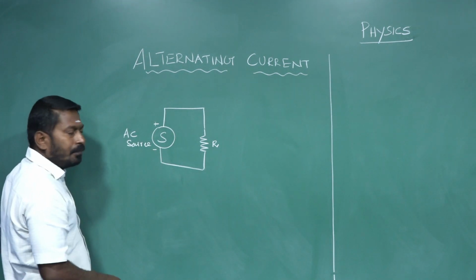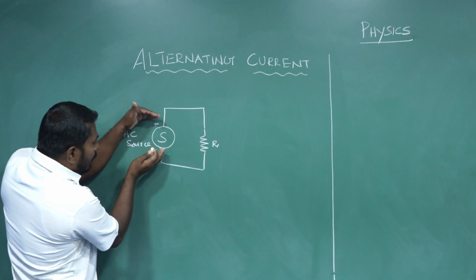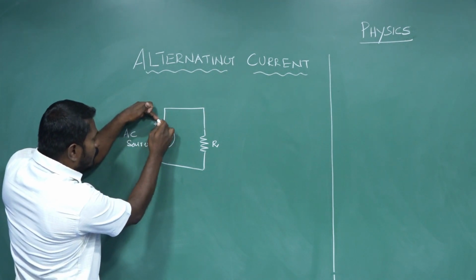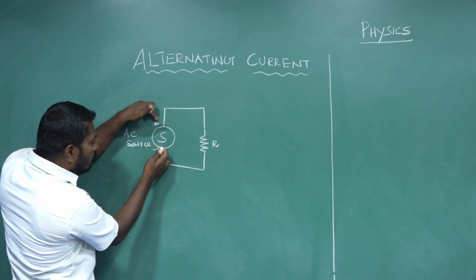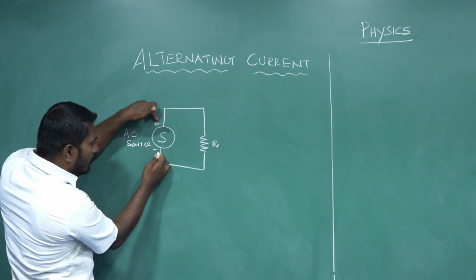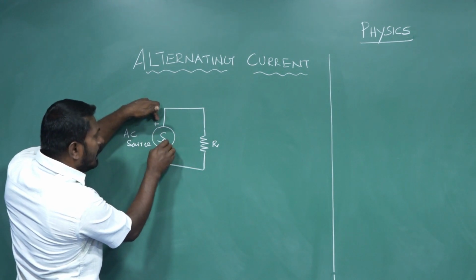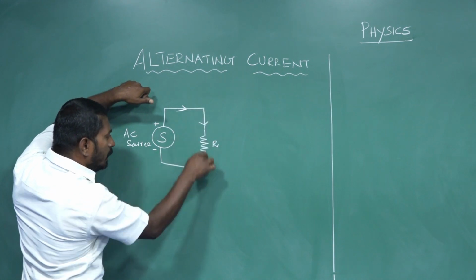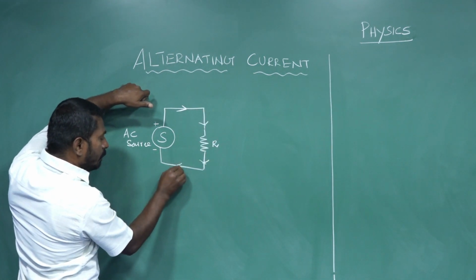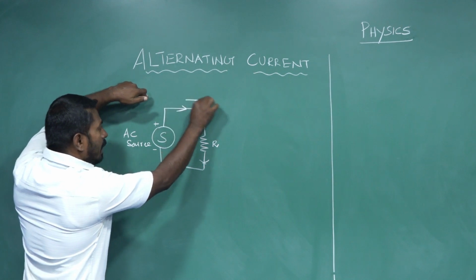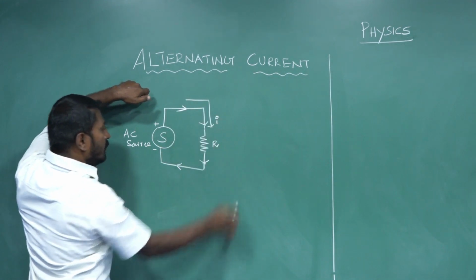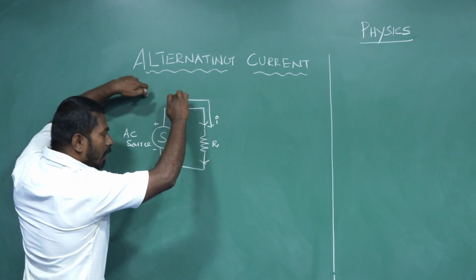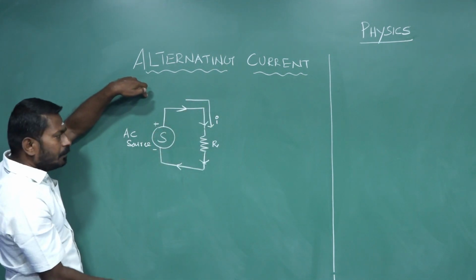Then the resulting current flows in the closed circuit through the resistor of resistance R in the clockwise direction.